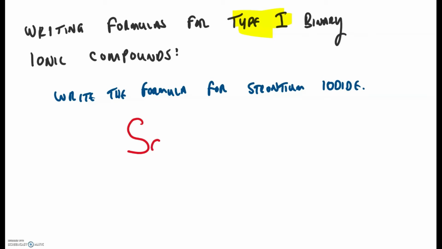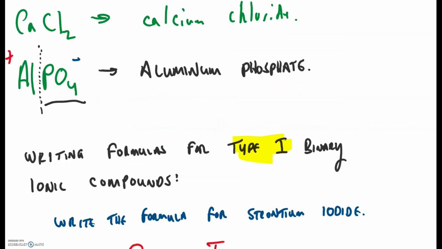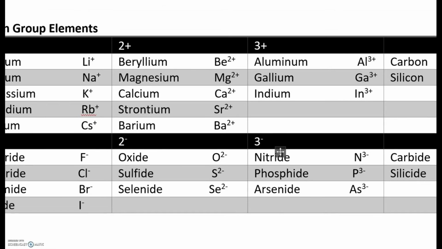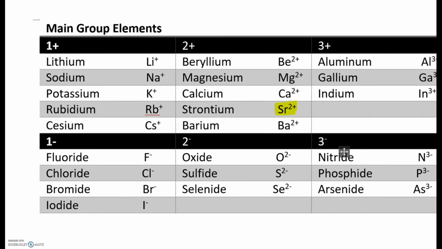We know strontium iodide is going to involve strontium, and we know it's going to involve iodine. What we need is the charges. So this list of ions tells you the charges on most of these single charge ions we'll be working with. For example, you know from looking at this list that strontium has a charge of +2, and iodine, here it's called iodide because it's an ion, has a charge of -1.